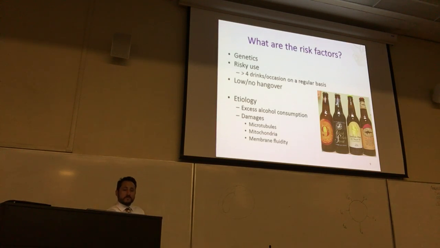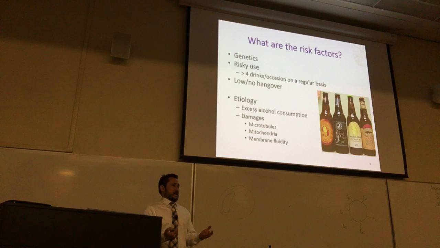So this one says, greater than 4 drinks per occasion on a regular basis is considered risky use. Okay? Well, define occasion, Rob. Define regular basis, right? So there's a lot of flexibility in this terminology. It kind of depends.